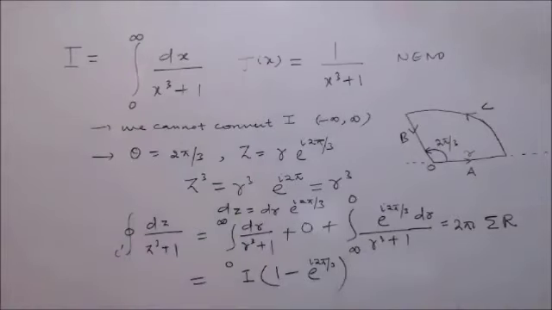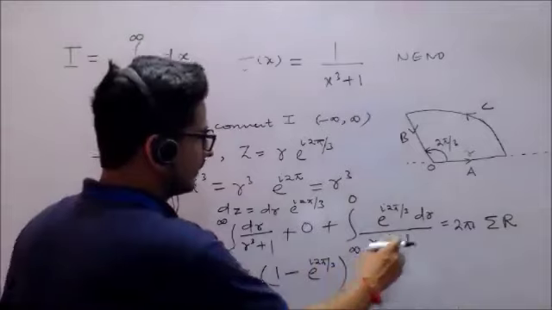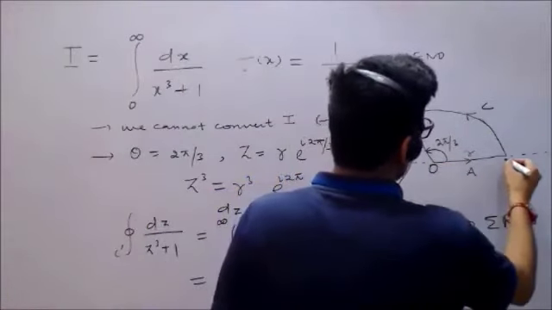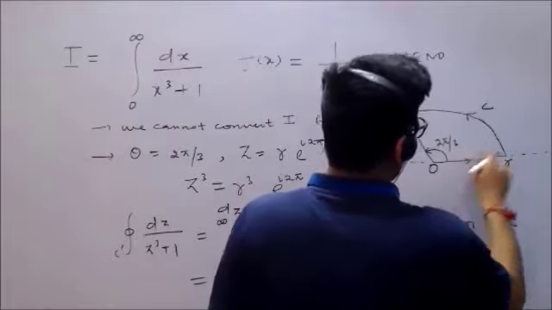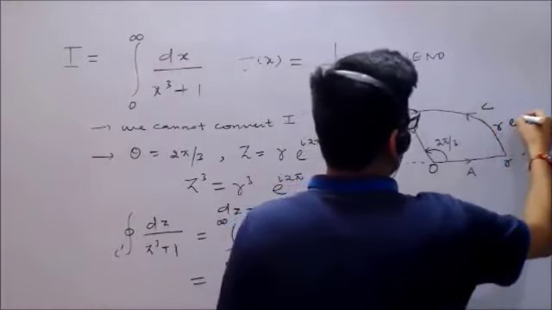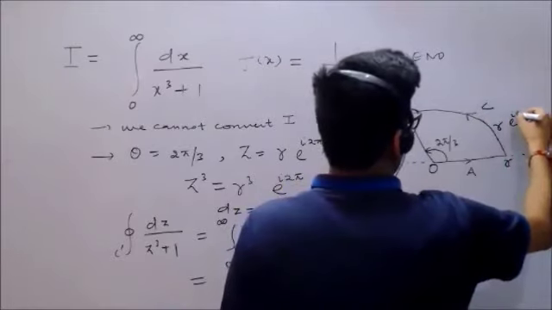सर सेकंड लास्ट स्टेप एक बार फिर से बताना. Sorry, सर सेकंड लास्ट स्टेप. This one, na? I am doing it like this: 0 to R, and then this contour is R e to the power I theta.